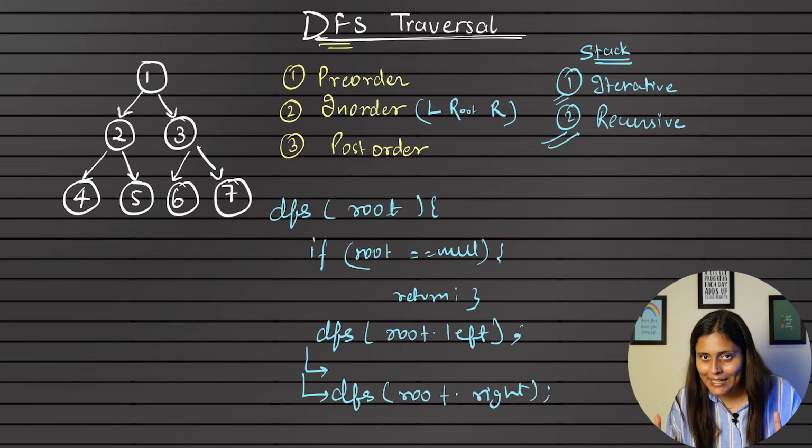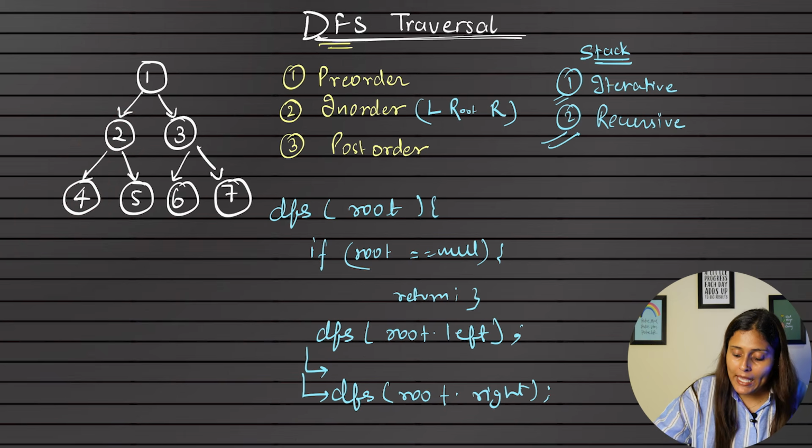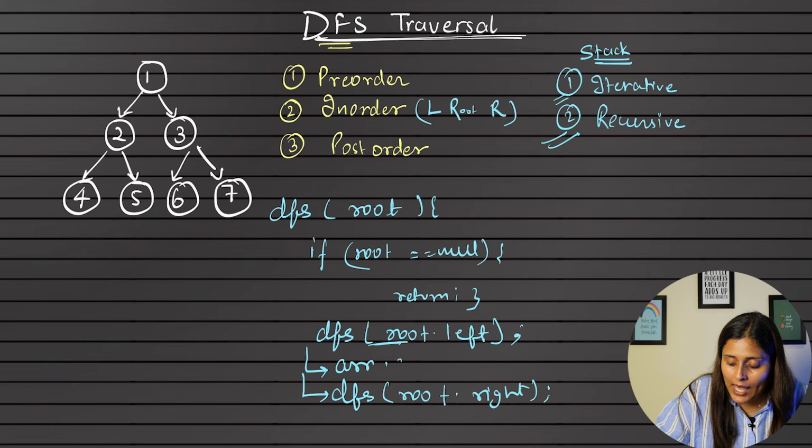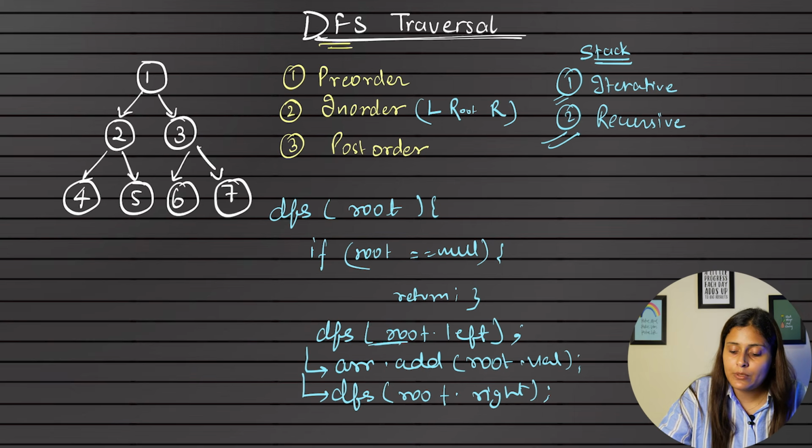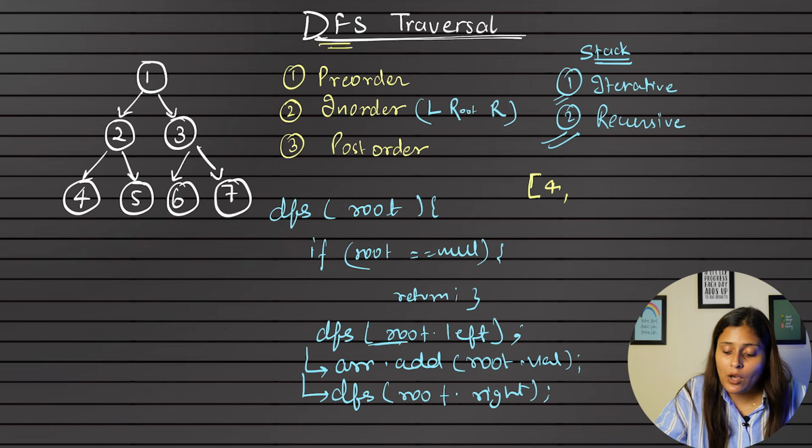That's what we want to print, correct? So in between the two calls, we will write, let's say we make an array. So array dot add root dot value, whatever we want to print. It's very simple. Suppose we had an array, so in the array, 4 will get printed. Now what will happen next time?